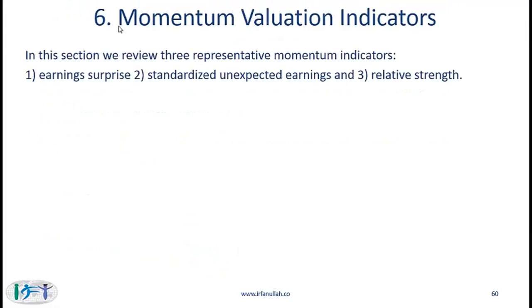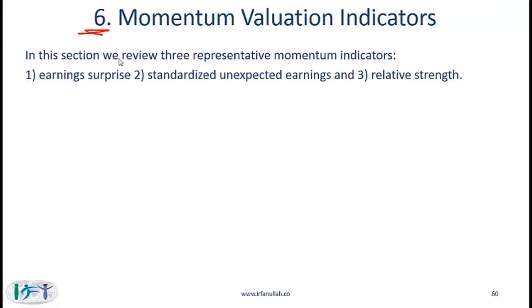Next section: momentum valuation indicators. You might recall a reading in Level 1 Quant called technical analysis, and this is essentially an excerpt taken from that particular reading. So this is technical analysis in the context of multiples.